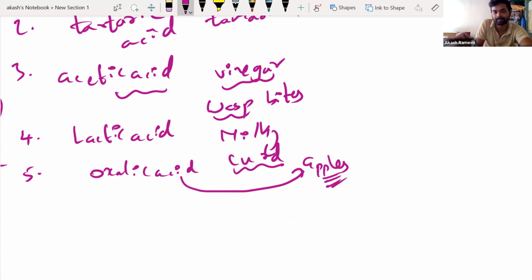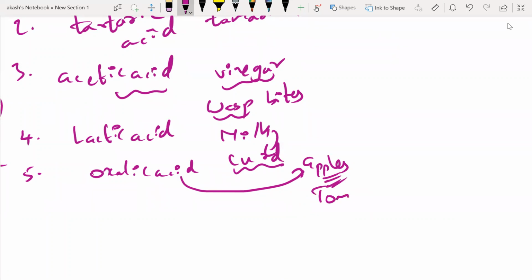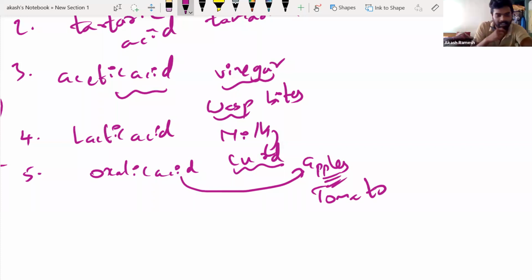Other than apples, oxalic acid is present in two more fruits or vegetables. Tomato, yes, tomato is one. Tomato contains oxalic acid. There's one more. Spinach? No, not spinach.